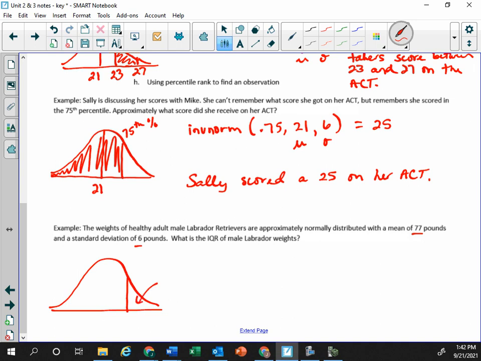The 75th is associated with the top 25%. So if you do 0.25 and pick right, that's the same as 0.75 pick left. It is strange.